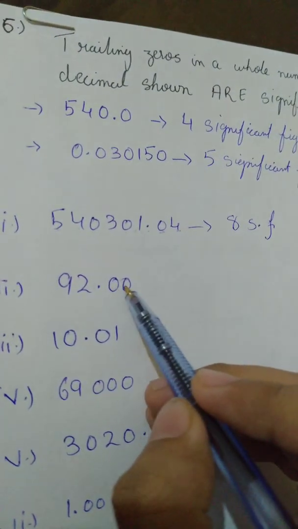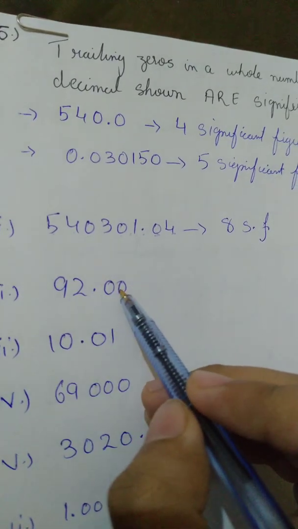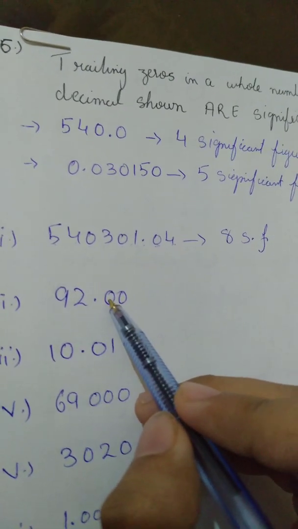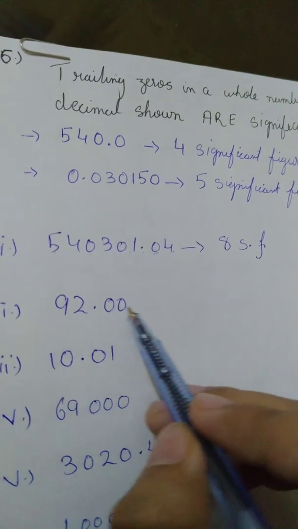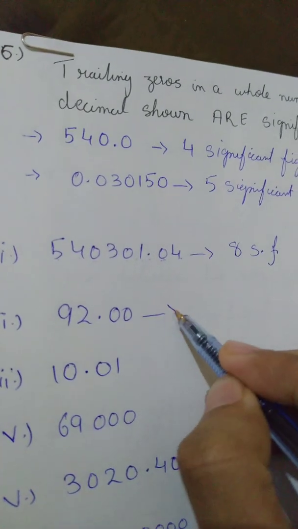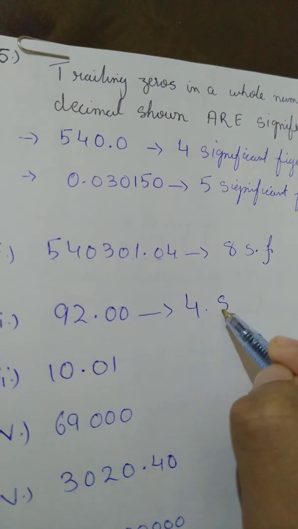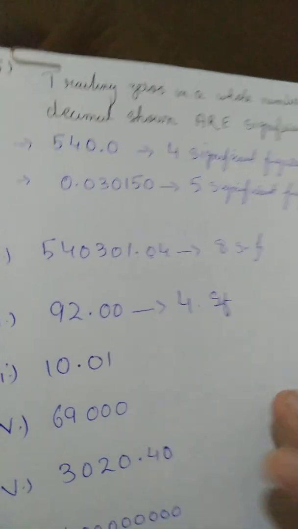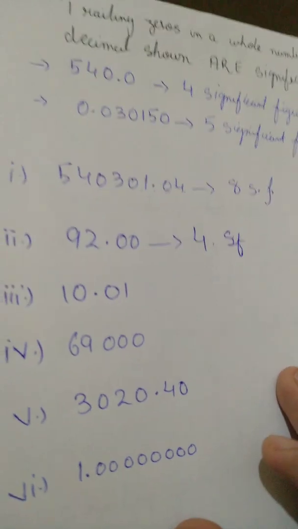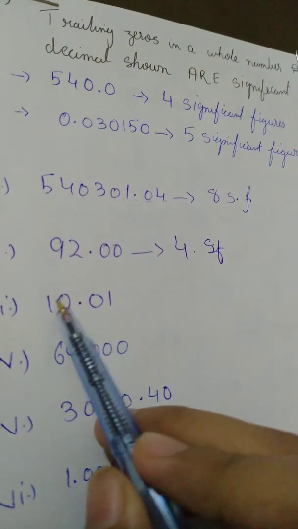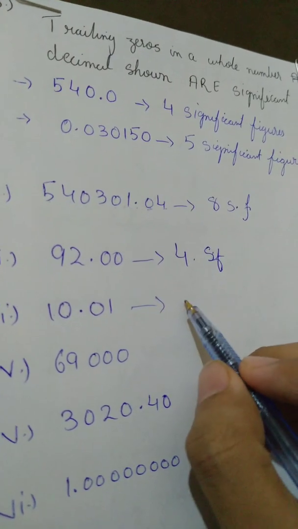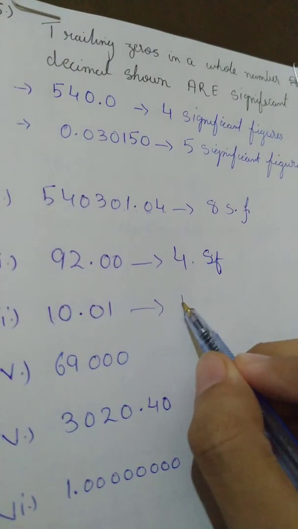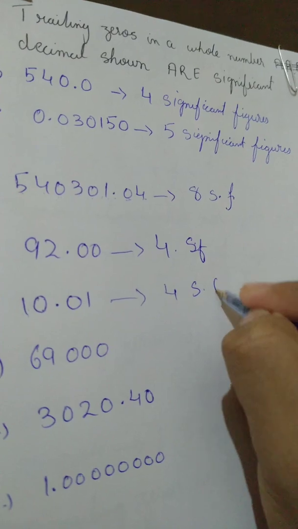These two zeros are at the right of the decimal point and they are trailing zeros, so these two will be considered significant. 1, 2, 3, 4. This number has 4 significant figures. Now 10.01, two zeros between non-zero numbers. Very easy, it has only 1, 2, 3, 4. Again 4 significant figures.